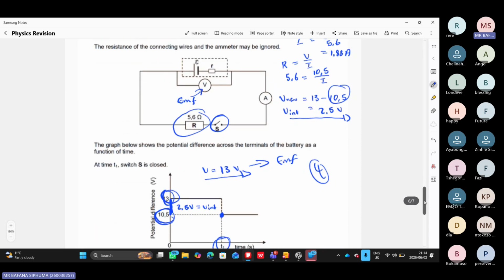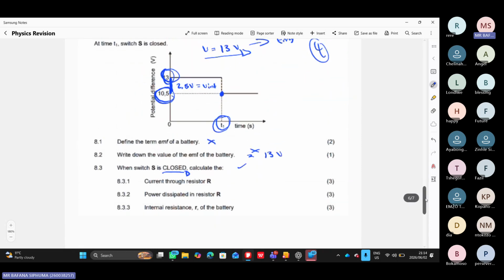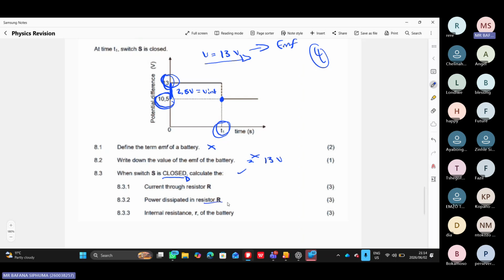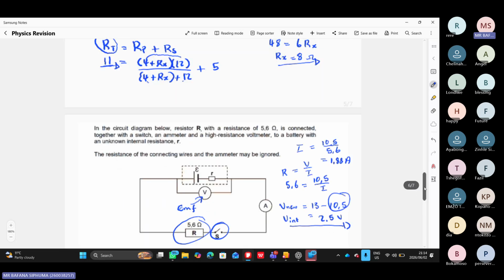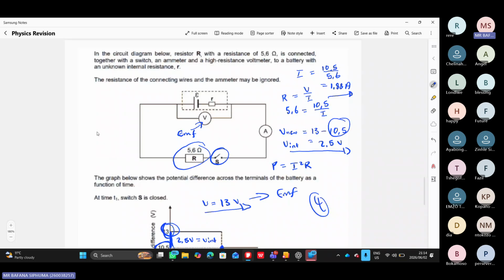Then the second question says power dissipated by your resistor. We need the power now. In order to find the power, you can use a lot of formulas, but the simple formula that I'm going with is I squared multiplied by R. I use that current, so P is equal to 1.88 squared multiplied by 5.6.